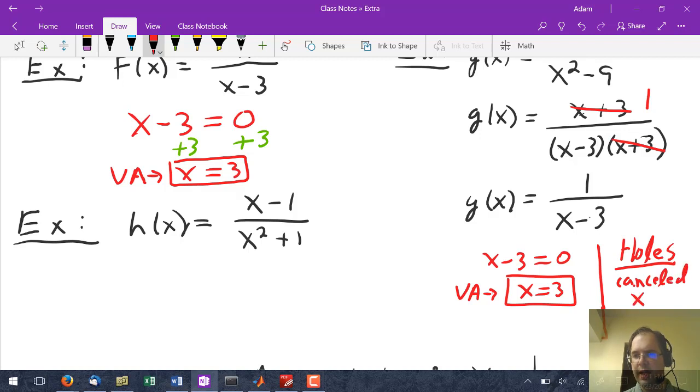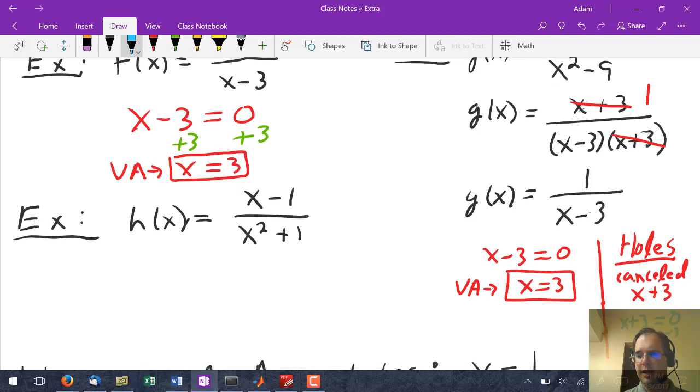You canceled an x plus 3 from up above. Take that thing and set it equal to 0. So the x plus 3, if you set that equal to 0 and solve for x, you get x equal to minus 3.